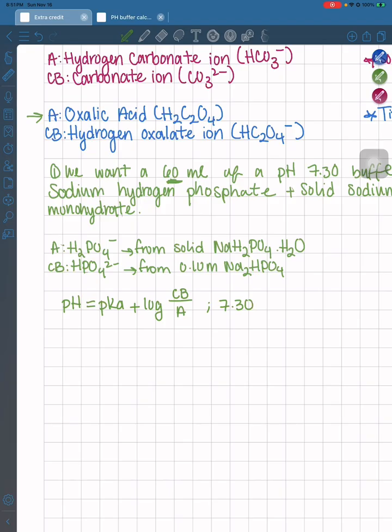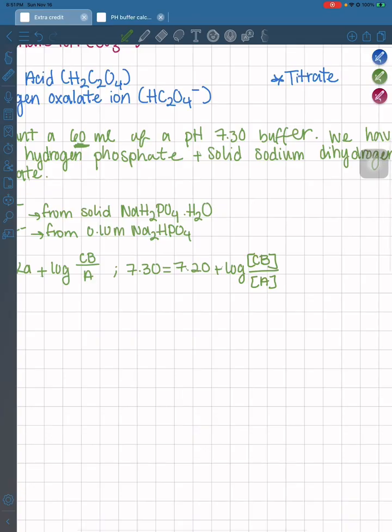It was given to us, and from our table we picked the closest pKa value, which was 7.20, plus log of the concentration of the conjugate base over the concentration of our acid. Now we need to solve, and we subtract the 7.20 from over here and 7.20 from here. This crosses out and we are left with 0.